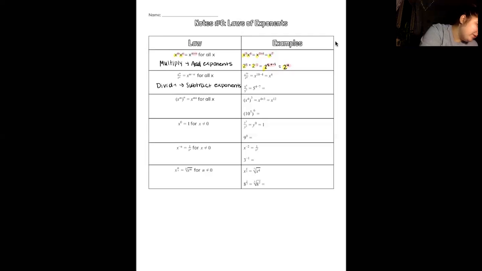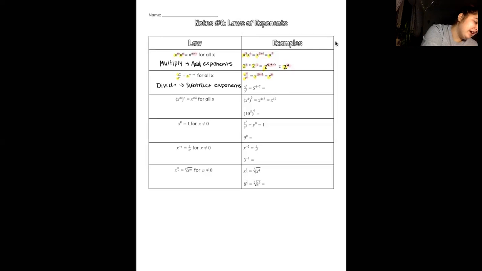So for example, I just want to reiterate one more time that this again only works if we have the same base, right? So you can see here we have an x here and an x here. That's the only reason why it works, right? So if I have x to the 10th divided by x to the 4th, I end up with x to the 10 minus 4, which just gives me x to the 6th, right? So I'm just subtracting the exponents as long as the base is the same when we're dividing.